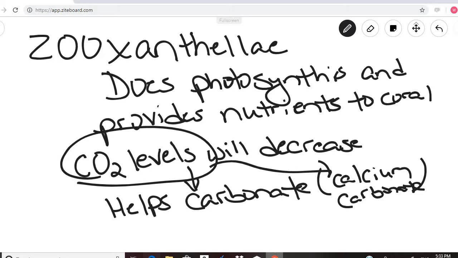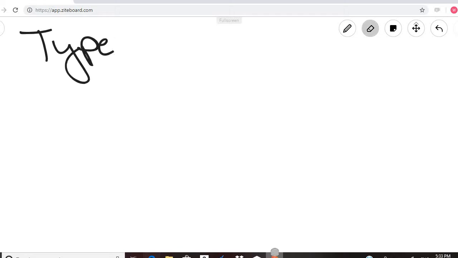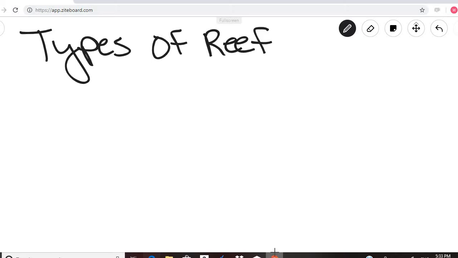Okay, let's switch gears now and talk about different types of reefs. Okay, so we are going to talk about three main types of coral reefs.